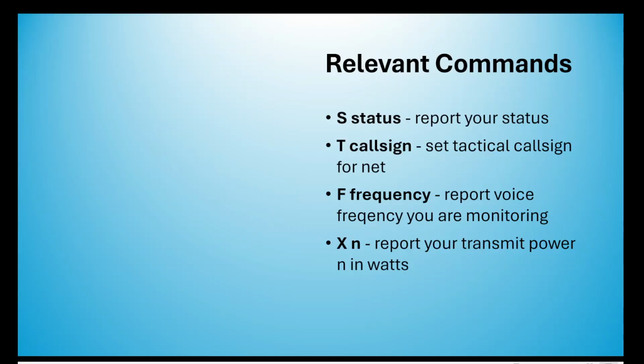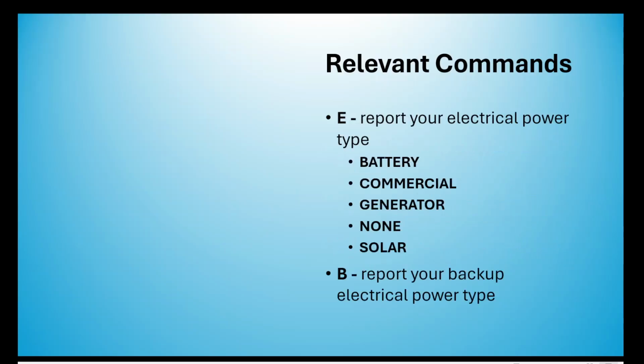So the relevant commands as a participant are S for status, T for setting the tactical call sign, F for the frequency that you're monitoring so that others can know what you're monitoring on for voice, X is your transmit power if it's appropriate, E and B are the electrical power sources, either your primary or backup.